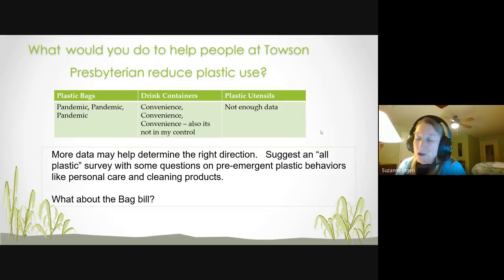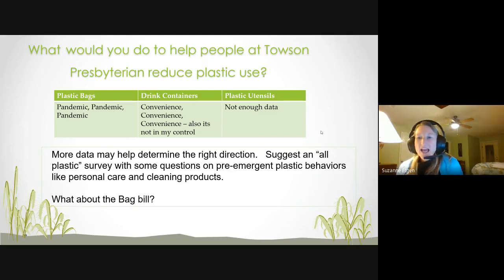I just bag my own groceries. But in any case, that's definitely the big barrier. With drink containers, we heard convenience, convenience, convenience, and also it's not in my control because restaurants offer what they offer. And with plastic utensils, we only had 2 people answer the barrier and benefit, so totally not enough data.